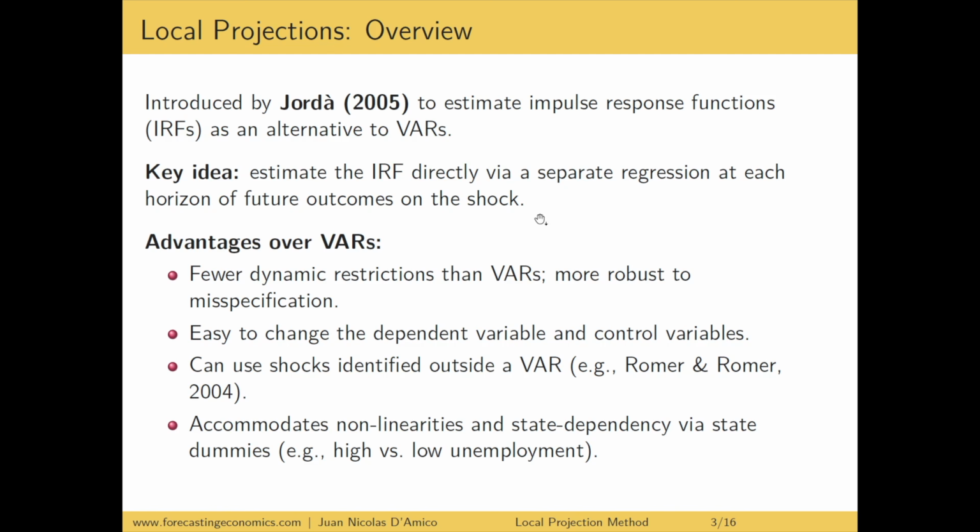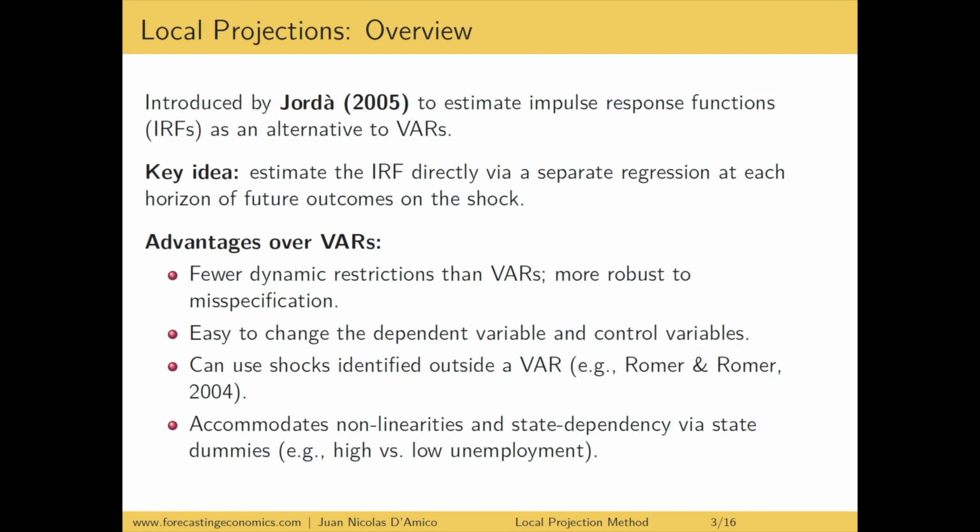There's a couple of advantages over vector autoregressions. Those are that it requires fewer dynamic restrictions than vector autoregressive, so it's more robust to misspecification of the model. It's very easy to change the dependent variable and the control variables as we are estimating individual regressions.